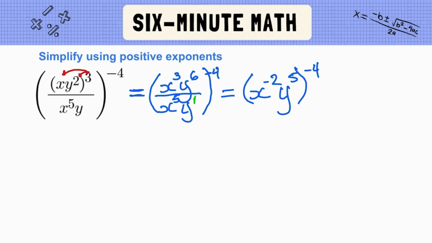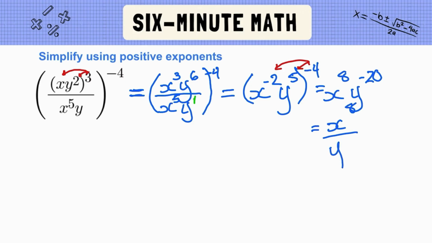And then I use my power of a power law and get x to the 8, y to the negative 20. And then my last step, I take my negative exponent and I put that power on the bottom. X to the 8 over y to the 20.